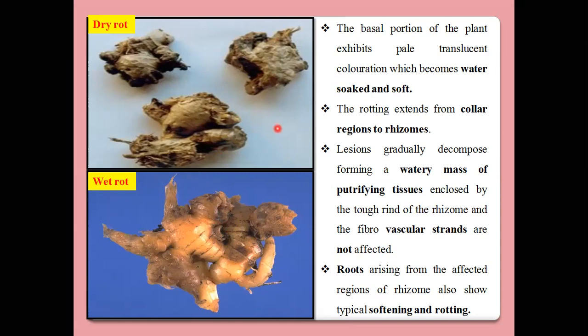Dry rot means the infected rhizome tissue becomes dry in nature, but in wet rot, the infected tissues have some moisture present. So the rhizome is totally rotted. This is the symptom developed by the fungal pathogens.